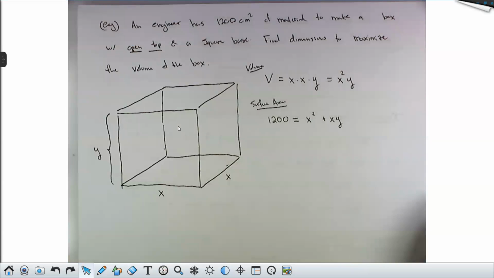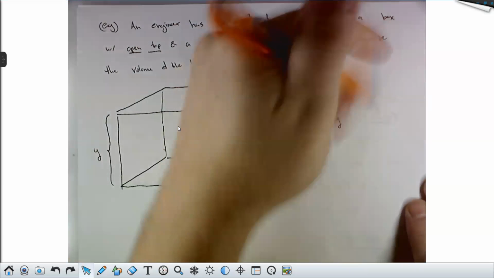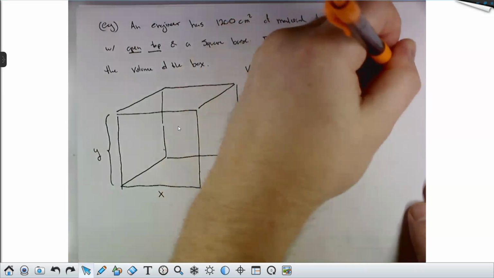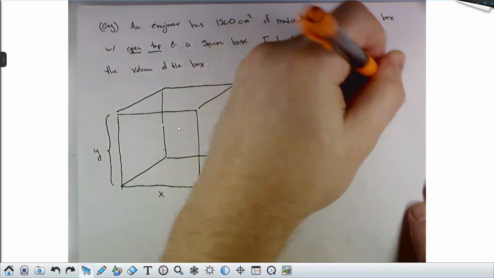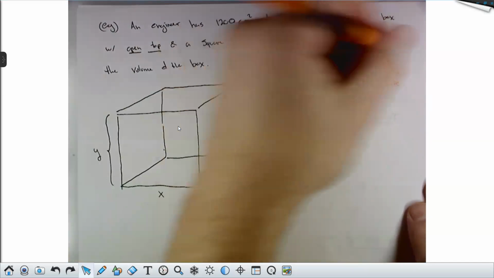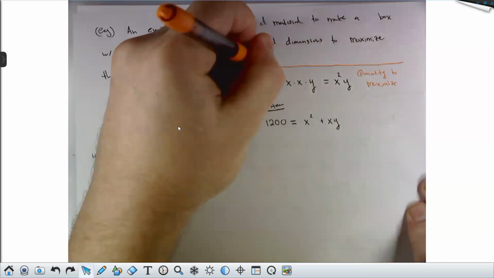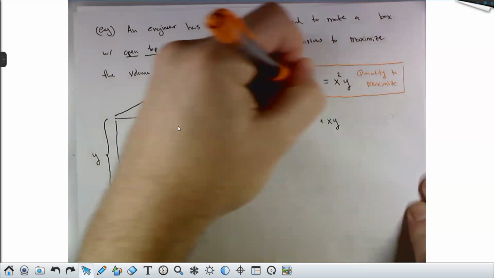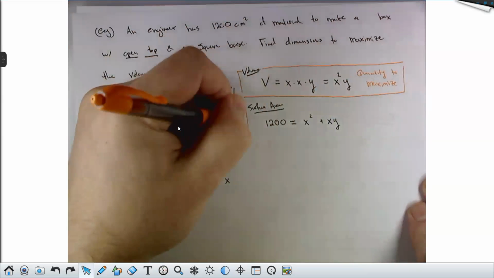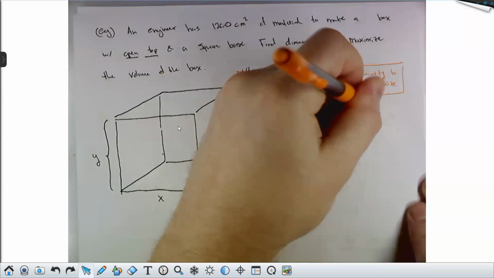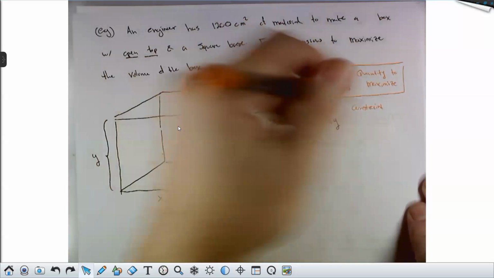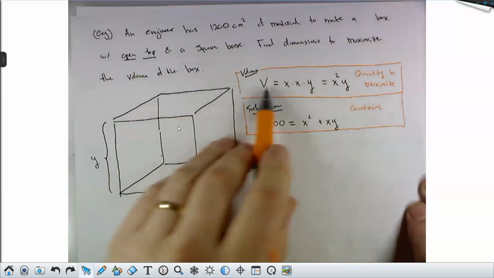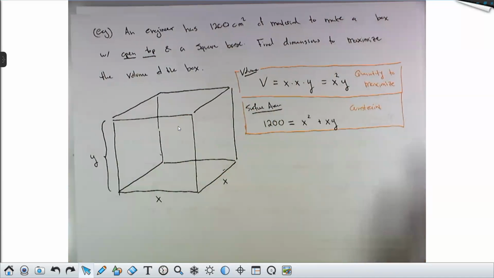So again, this is the quantity to maximize, and this is my constraint. So I want to maximize this function subject to this constraint.